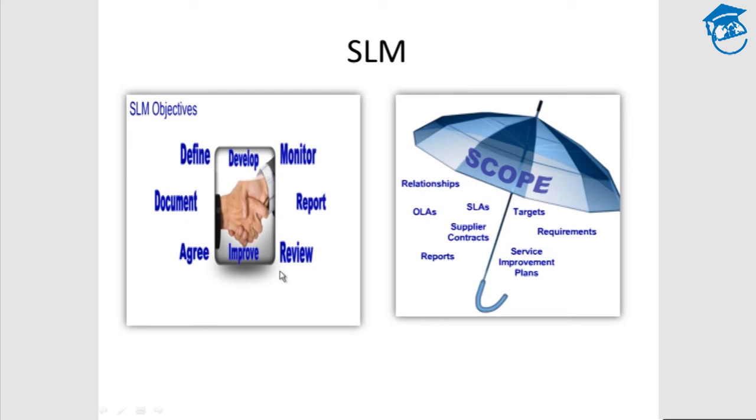So these come under the SLM objective: develop and improve. Then the scope covers relationships, SLAs, OLAs, supplier contracts, reports, targets, requirements, and service improvement plans. We have discussed all these things in detail in the previous slide. So these are the SLM objectives and the SLM scope.